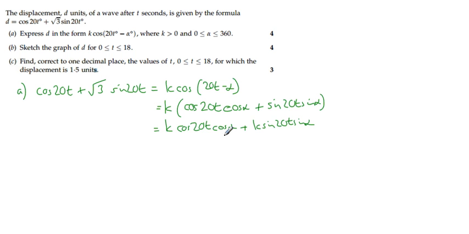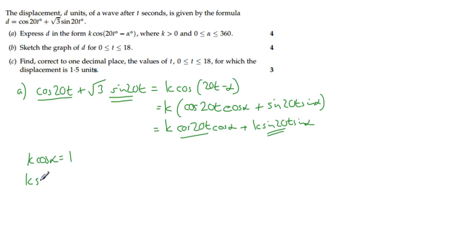Comparing coefficients, this time we're comparing cos 20t's rather than just cos t's. So cos 20t there is cos 20t there. Attached to this cos 20t is k cos alpha. Attached to this one, well, it's just a 1. Sine 20t is here, sine 20t is here.